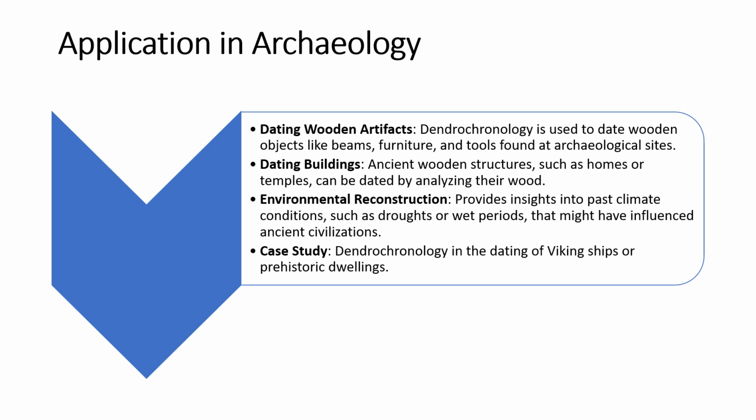But dendrochronology is not just about dating artifacts. It also helps us reconstruct the past climate, which is a very important thing in archaeology. By looking at the tree rings, we can determine whether a region experienced periods of drought or increased rainfall, providing valuable insights into how ancient populations might have adapted to environmental changes.